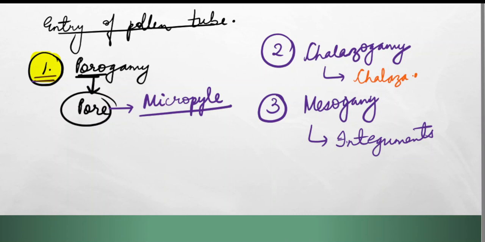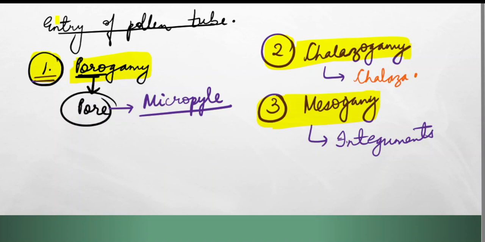So these are the three types, depending on where it will enter. First is porogamy, where it is entering from the micropylar end. In chalazogamy it is entering from the chalaza. In mesogamy it is entering from the integument.